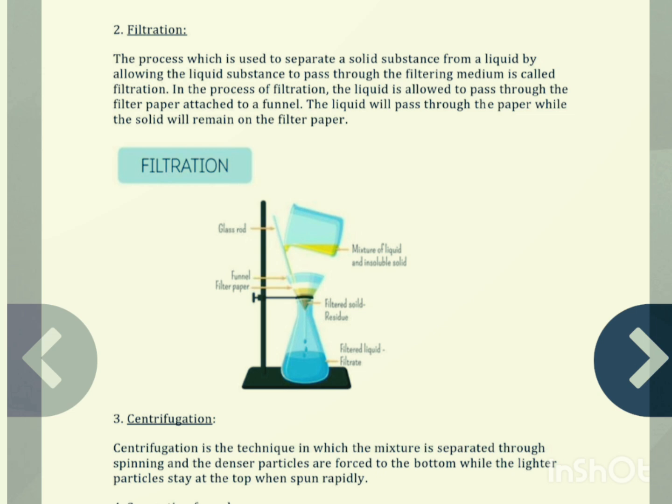The process which is used to separate solid substances from a liquid by allowing the liquid to pass through a filtering medium is called filtration. Example, we have a filter. What we are doing here is separating the solid substances from the liquid. We can take the example of tea also. The solid particles will be separated and the liquid will be separated. Here they have given an example.